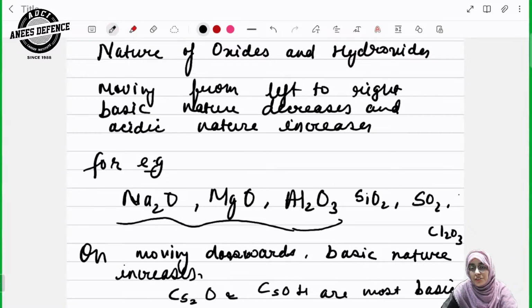You can test it with litmus paper. The indicators which identify acid and base, we can test by litmus paper. We can do an experiment to test whether carbon dioxide is acidic or basic. We'll burn coal, and on the fumes of the coal we'll hold one moist blue litmus paper.